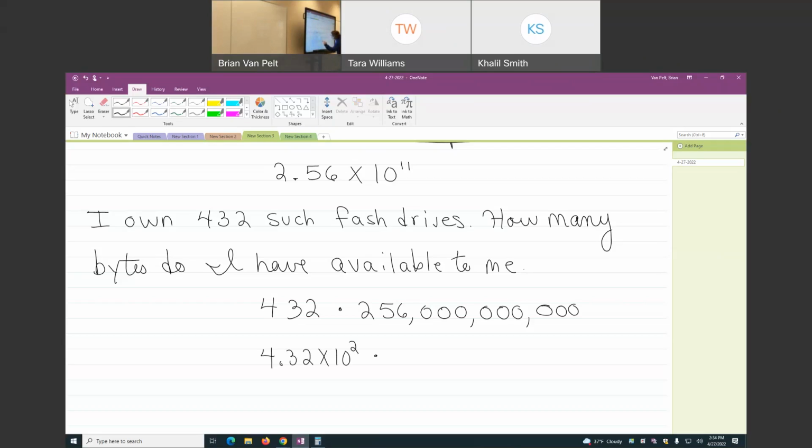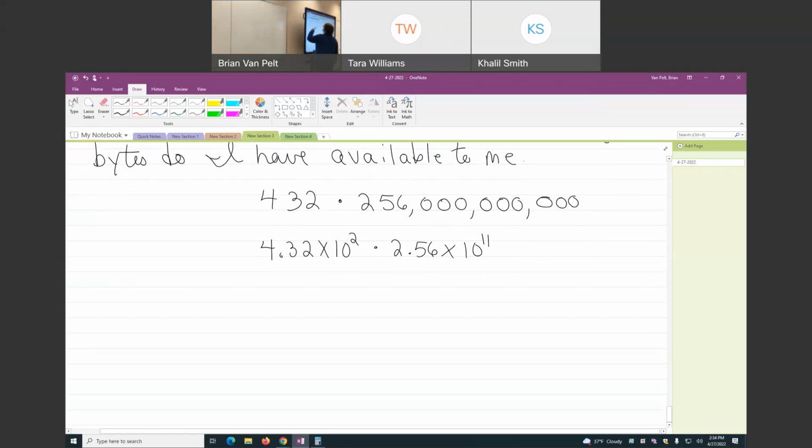And then I'm multiplying that to 2.56 times 10 to the what? 11? I'm allowed to move things around because multiplication is commutative. So what I could do is do the 4.32 times the 2.56. Tell me, what power of 10 do I have? 13. Because you add those exponents, don't you?